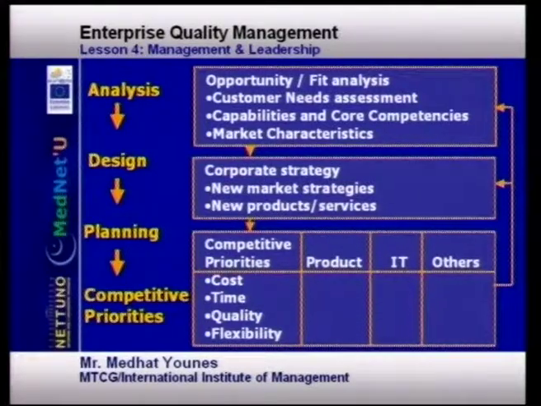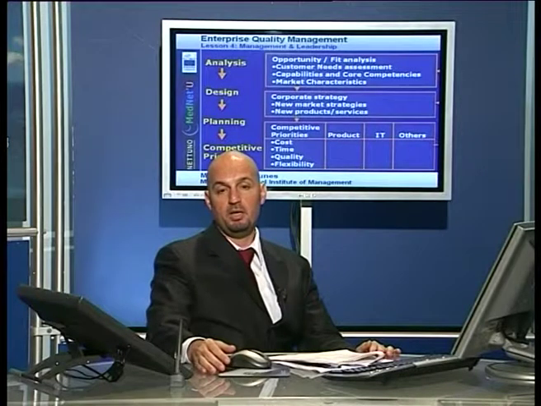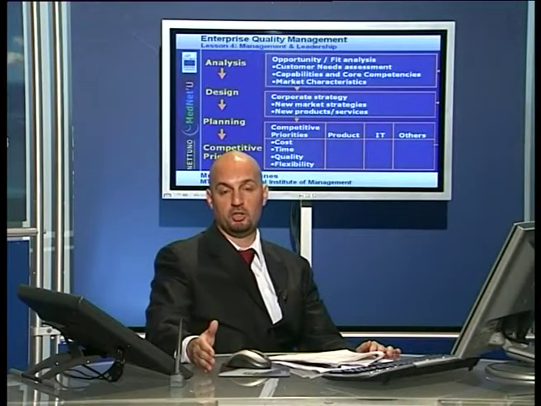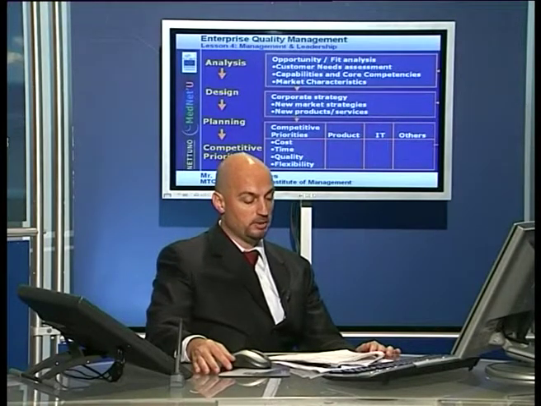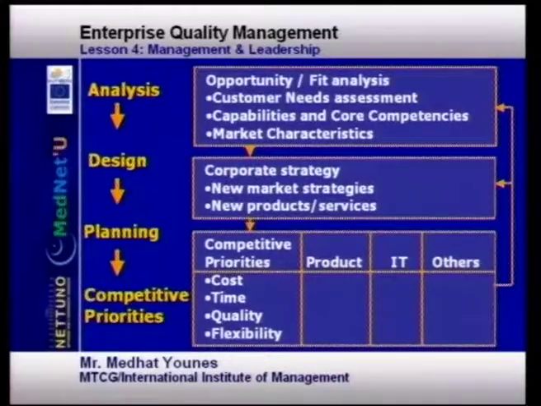FCAPS stands for fault, configuration, accounting, performance, and security of your IT infrastructure. Other competitive priorities you will consider are your legal abilities to protect your assets and mitigate liabilities.